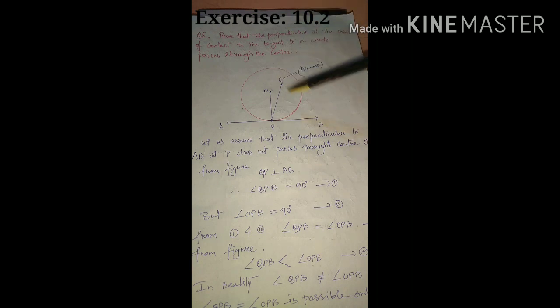That means we have to assume another point. Suppose the point is Q. So we write here, let us assume that the perpendicular to AB at P does not pass through center O. It is passing through Q, we have to assume.